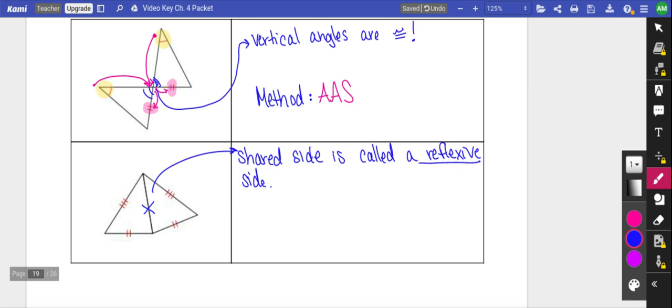And obviously, if it's being shared, we know that it's the same in both triangles, the same length, right? So now looking at these two triangles, I can see that the method that they share is side, side, side, because all of the corresponding sides are equal.